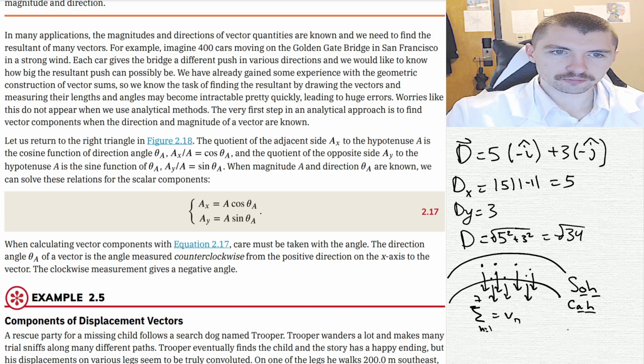We want to know this angle theta, and this is our AX.